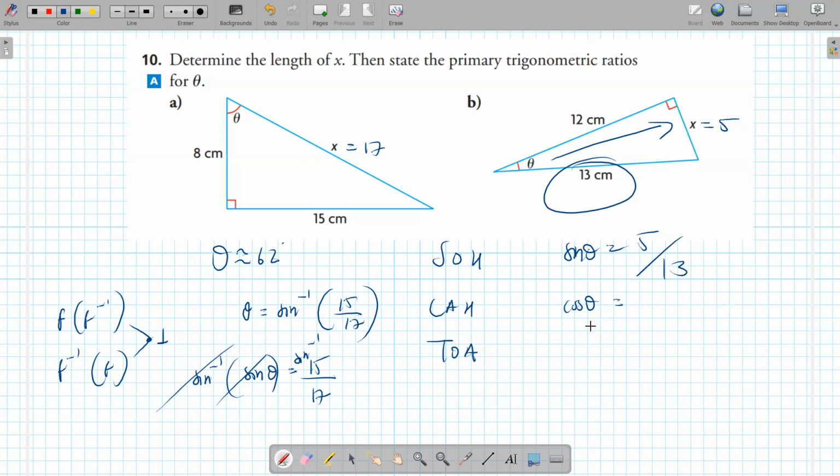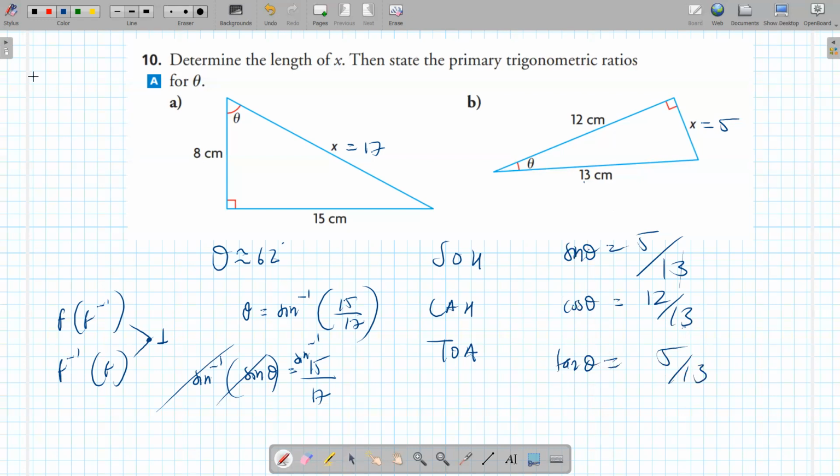Or 13 over 12. Good try, but think about which one's the adjacent and which one's the hypotenuse in this triangle. 12 is the adjacent, so it should be 12 over 13. Hypotenuse is always going to be the largest number, so the bigger number needs to be in the denominator, and then finally tan theta is 5 over 12, and you're done.